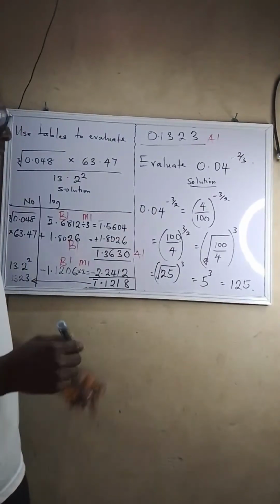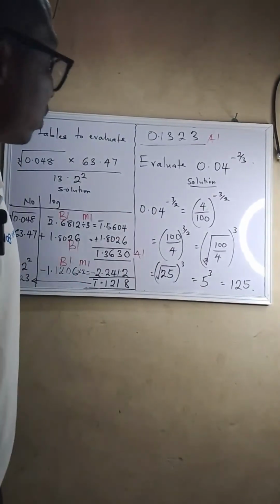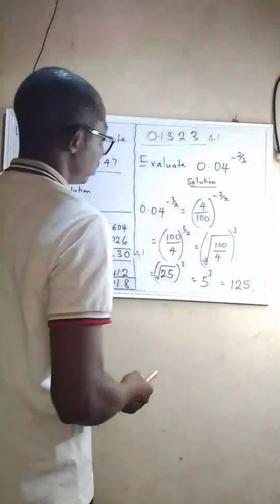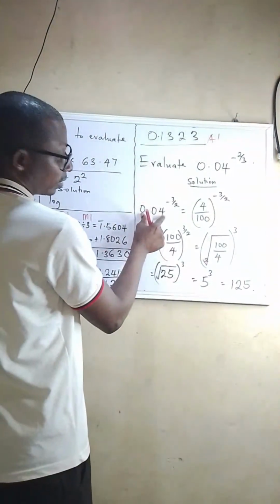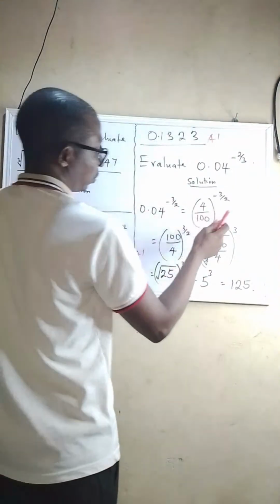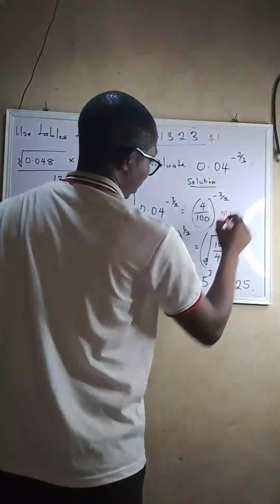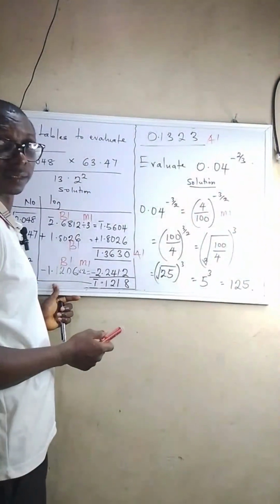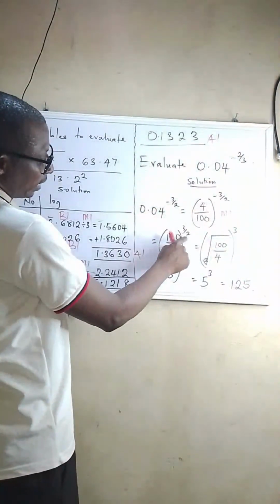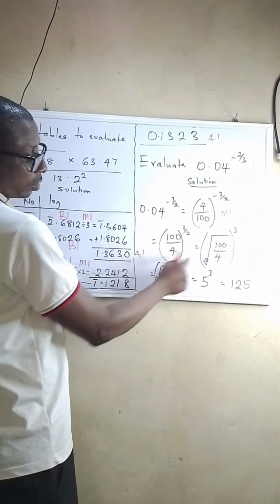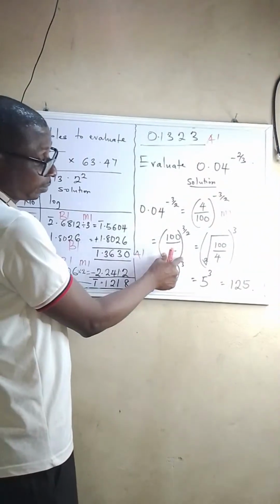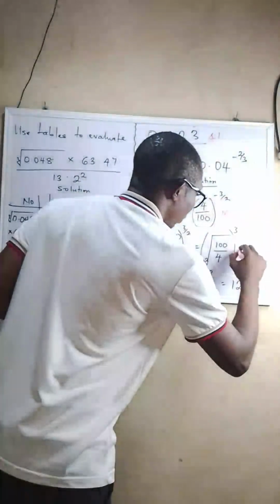So how do we award marks? For expressing this in fraction, there will be a method mark. For making this to be the root of the expression we have here, there will be another method mark.